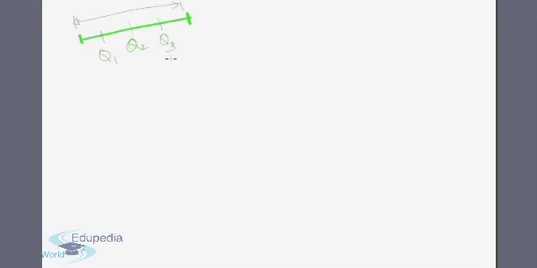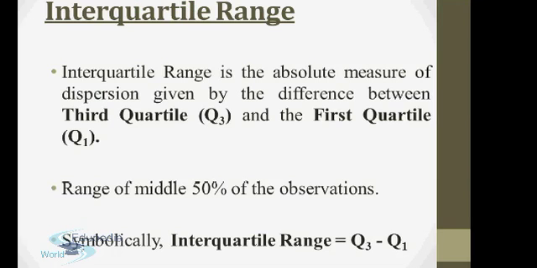What we'll be doing now is we will be leaving the 25% from here and 25% from here. We shall take only the remaining 50% of the data from the middle, to find our range, or the interquartile range. Okay, so this is the middle 50% of the observation, and symbolically we can write interquartile range as Q3 minus Q1.